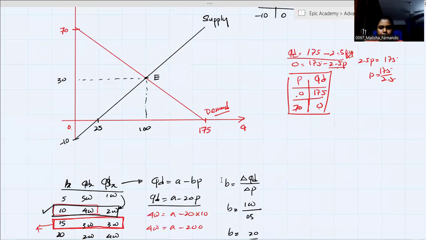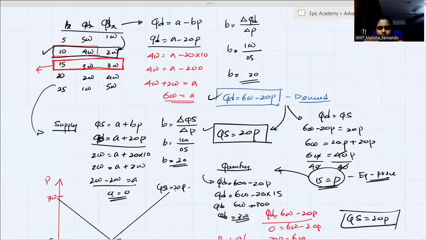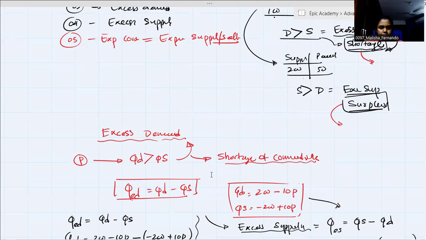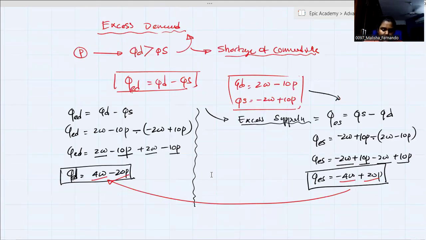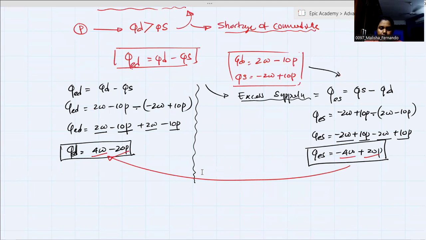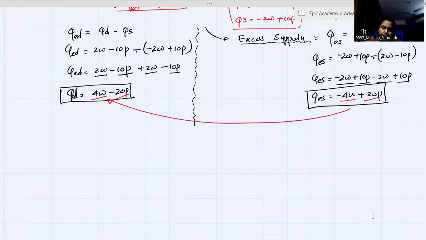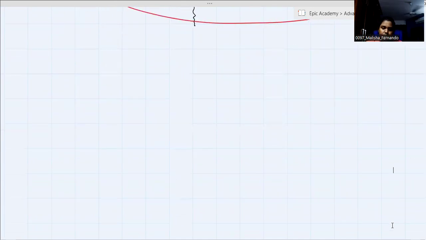We already calculated the equilibrium today, and then we identified the characteristics or features related to the market equilibrium, and the features related to excess demand and excess supply, and already derived the equations related to excess demand and excess supply. Right. And now we are going to move to the surplus, economic surplus.